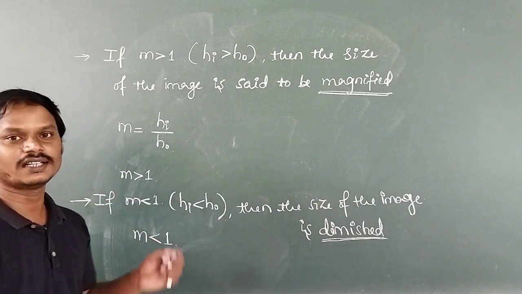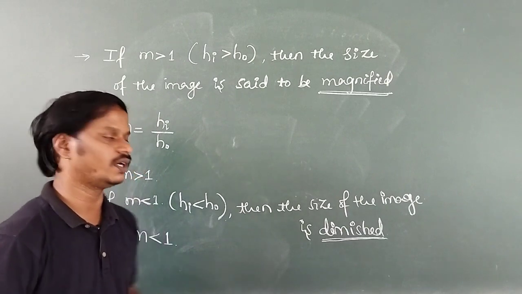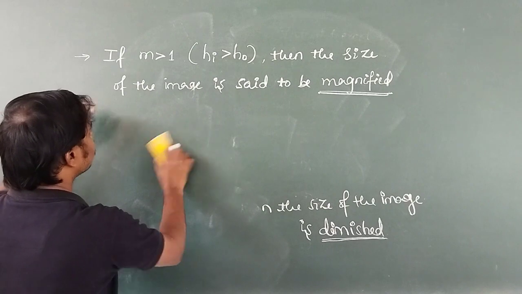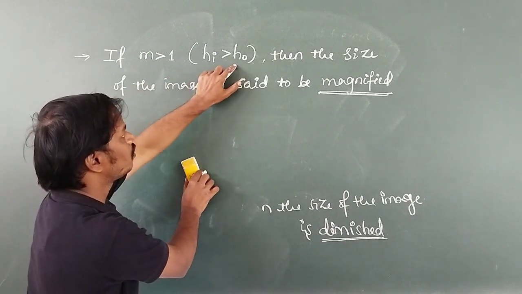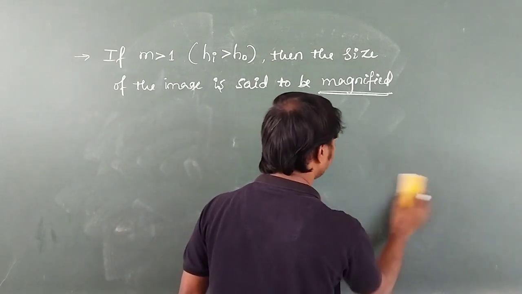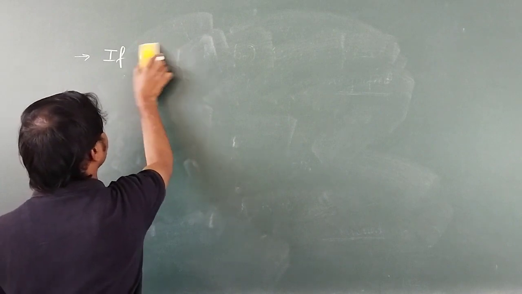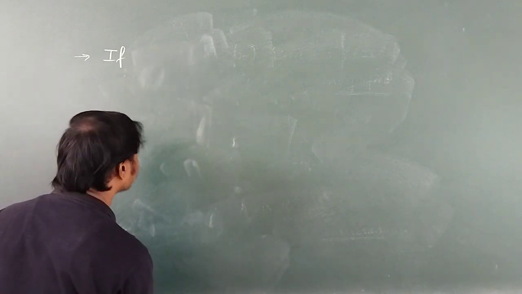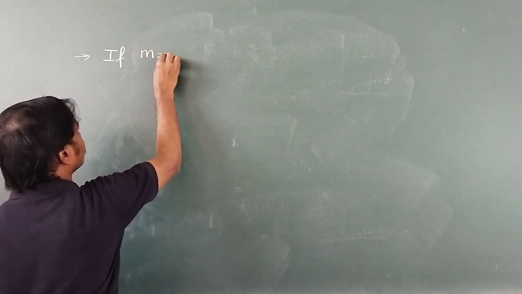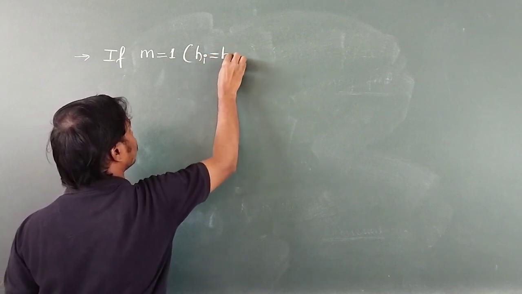Now let us move to the last case. If m is equal to 1, means magnification is equal to 1. This is very important. If m is equal to 1, then the height of the image is equal to the height of the object, means the numerator is equal to the denominator.